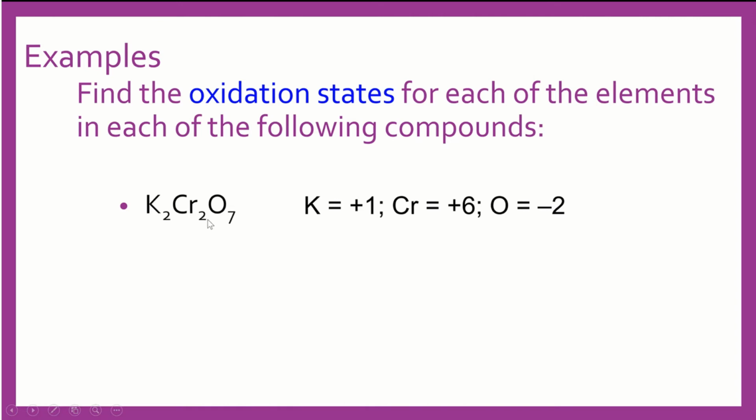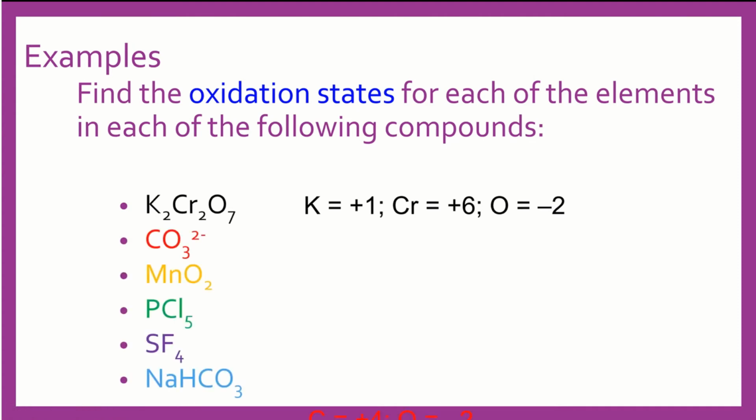My 2 chromiums must each have a +6 charge. Why don't I have a charge up here after all? Well, I've got potassium, and 2 of them with their +1 charges. Most of our alkali metals, like potassium, are going to have those positive 1 charges, so there they are, and this works out.